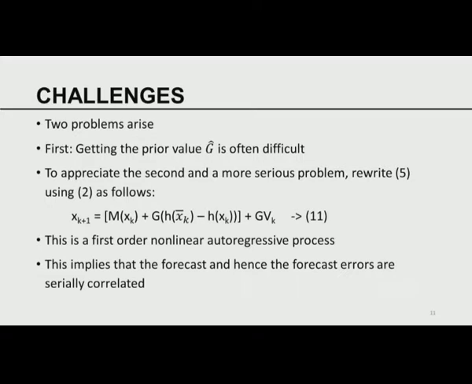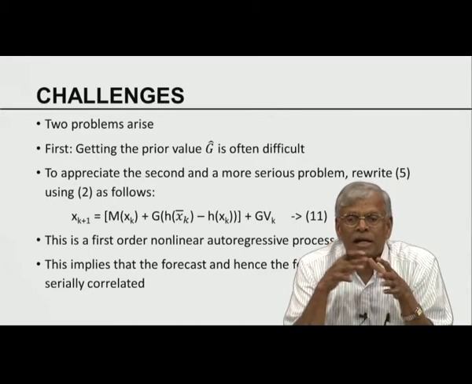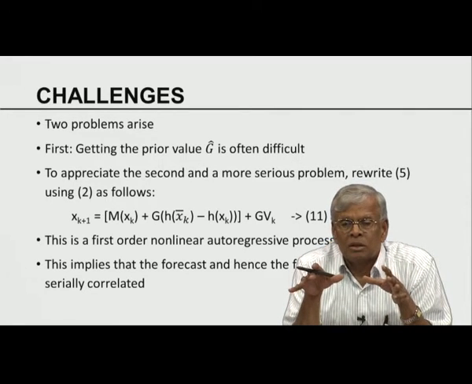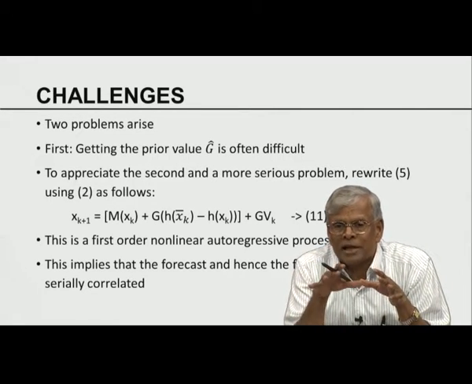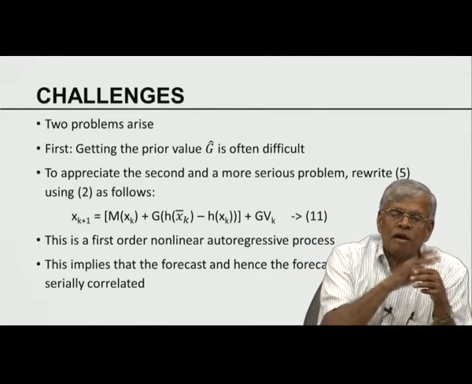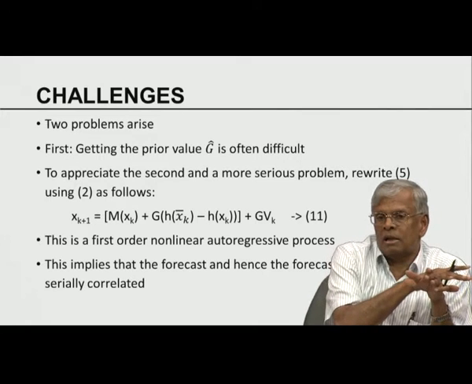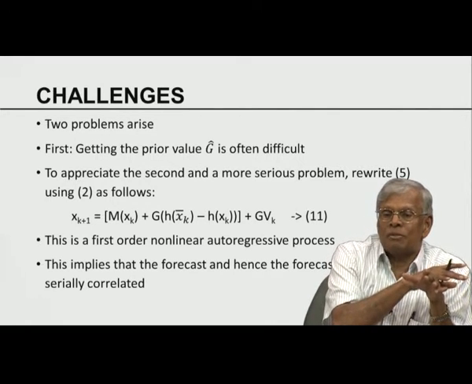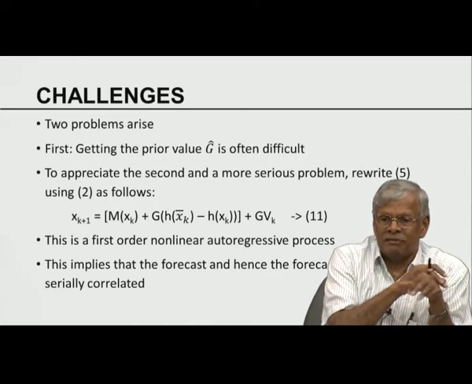But there are a couple of philosophical challenges. What is the first one? Getting the prior value of G hat may not be as simple as one deems. Why is that? If you change the model, if you change the process for hurricane prediction, the dynamics is of one type where the time scales are of one type. If you change the model equation and go from hurricane to other physical processes, again the time scale analysis will be different.